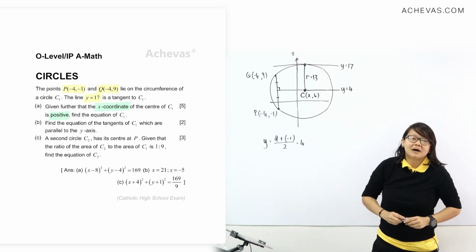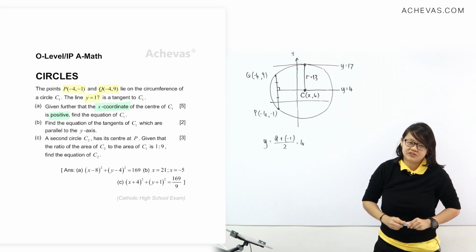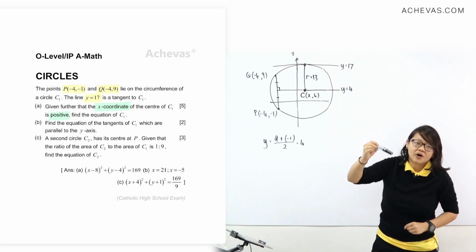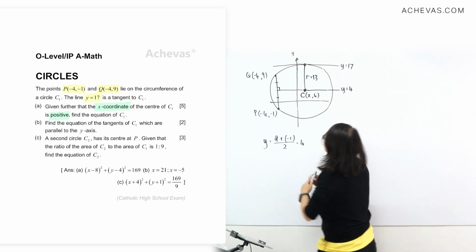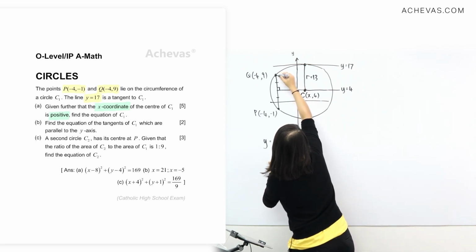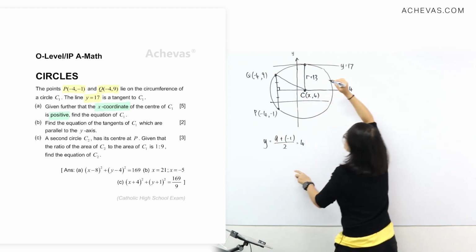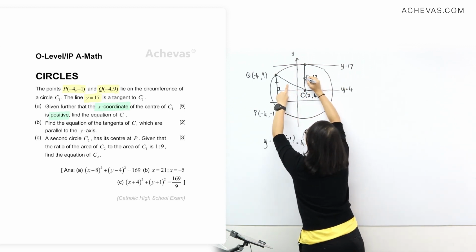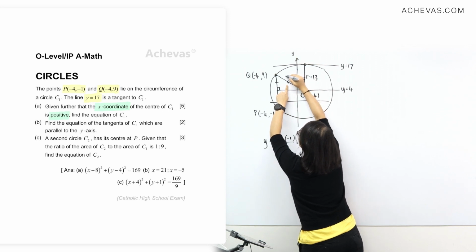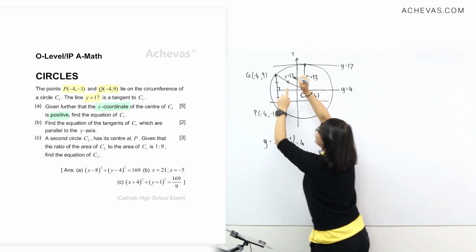Let's keep in mind that we can draw the radius at different positions as long as we link the center to a point on the circumference, which means if I link point Q to the center, this will also be a radius of the circle, which is 13.